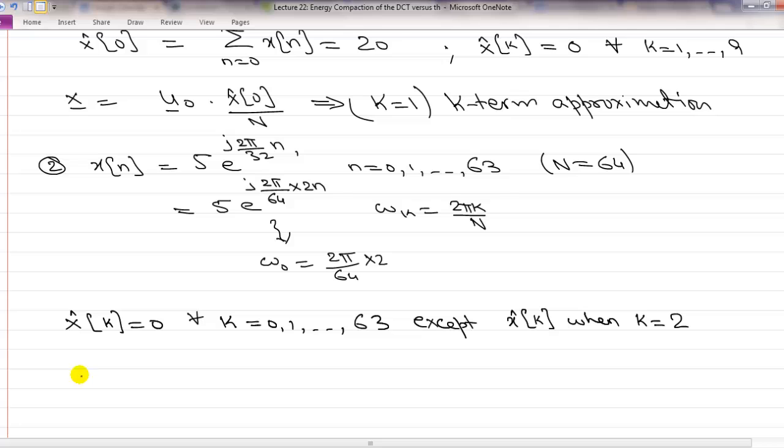Again, your x can be simply given by that DFT coefficient. So if you were to plot the DFT coefficient, it will be 0 at 0, 1 at 0. At 2, its height will be 5 times n. At 3, it will be 0 and so forth up to 63.